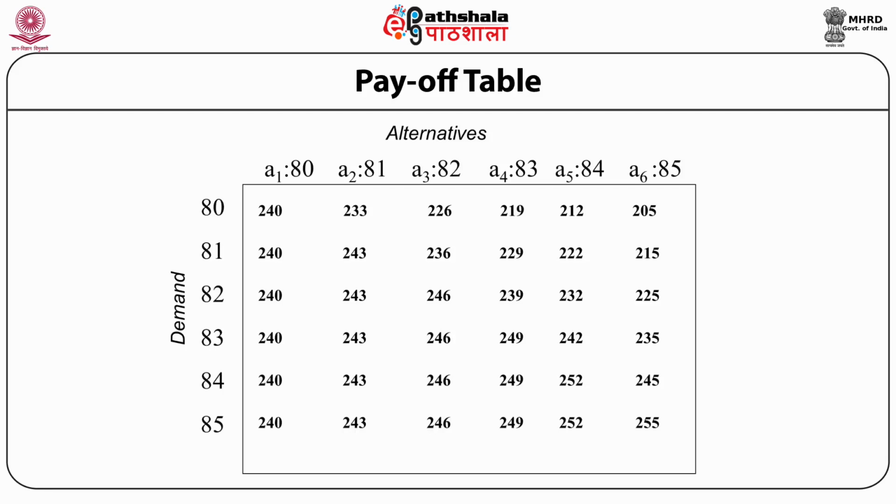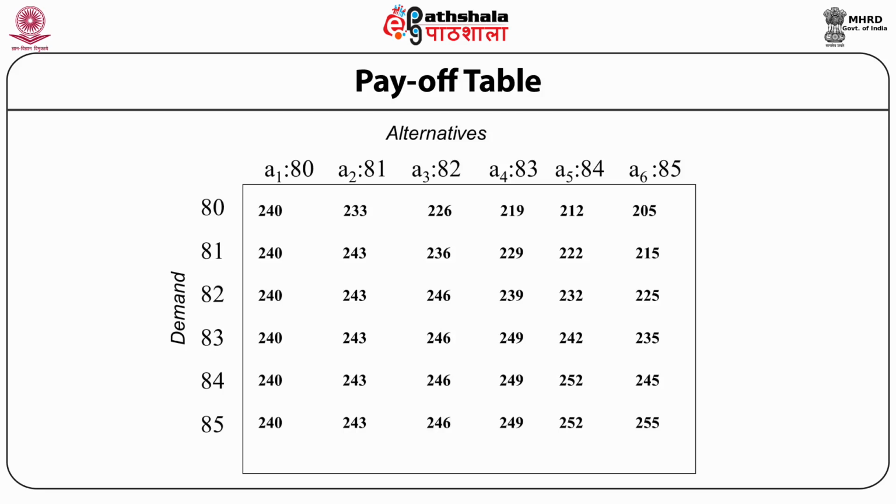Similarly, for the A4 strategy, you can see that he places an order for 83 breads and there is demand for only 80 packets. It means he is able to sell only 80 packets of bread. That will bring a profit of rupees 240, and 3 packets will remain unsold, which have to be disposed of, bearing a loss.